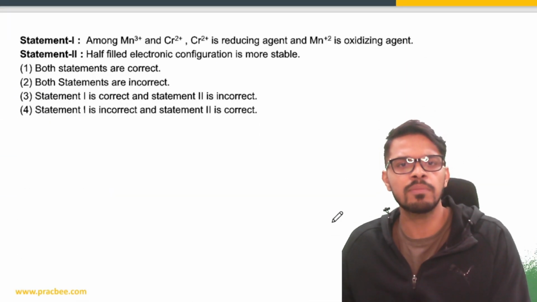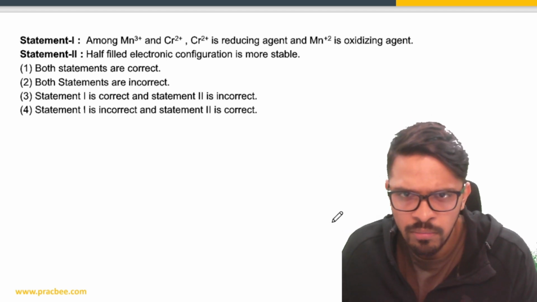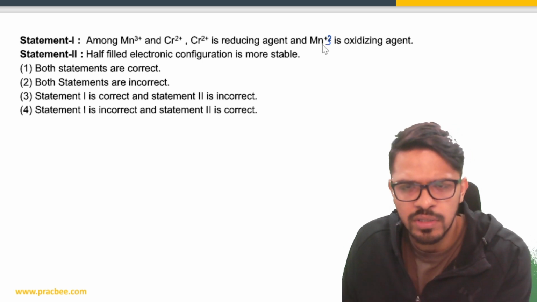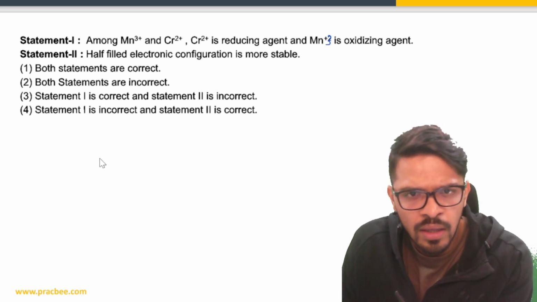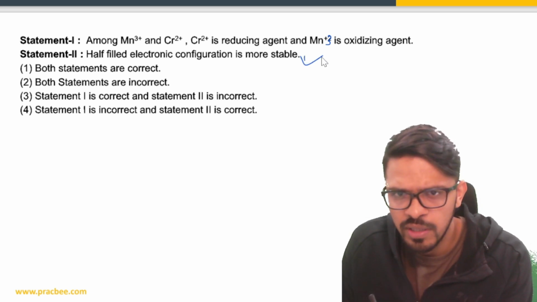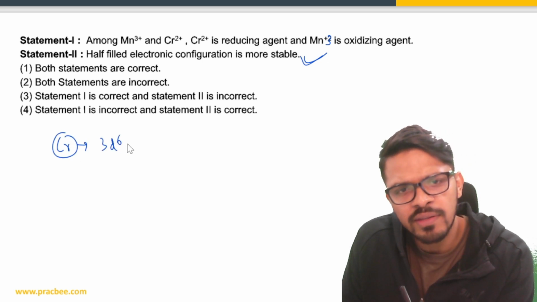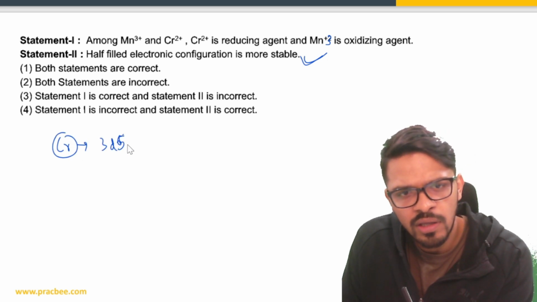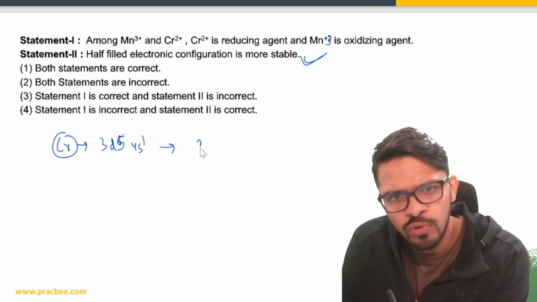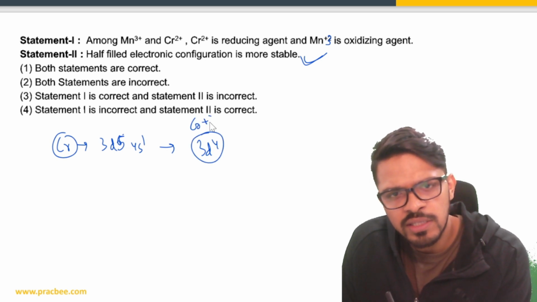Among Mn+3 and Cr+2, Cr+2 is a reducing agent, and Mn+3 is an oxidizing agent. The second statement is that half-filled electronic configuration is more stable, that is correct. If we talk about chromium, it is 3d5 4s1, and if I remove 2 electrons I will get 3d4. This is Cr+2.